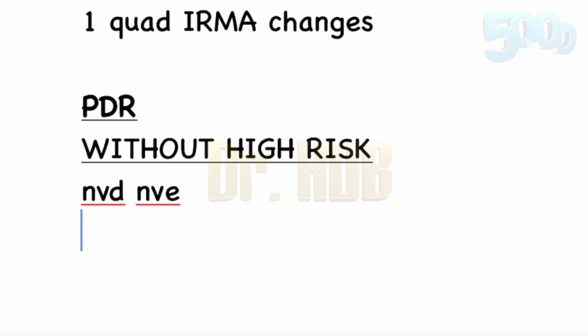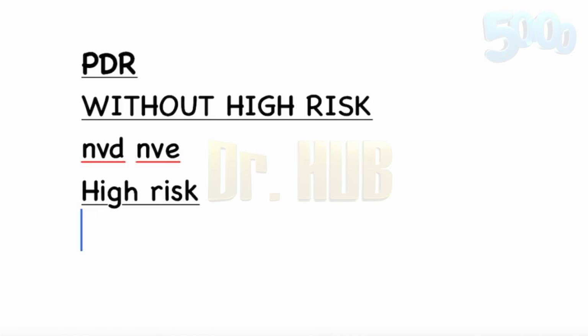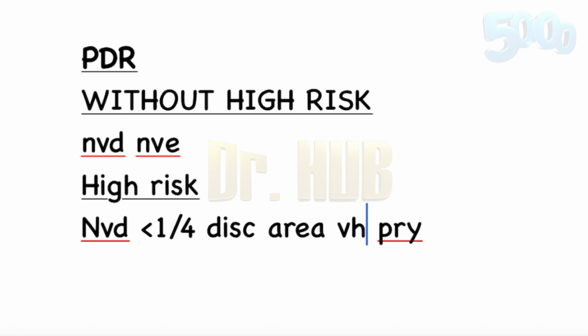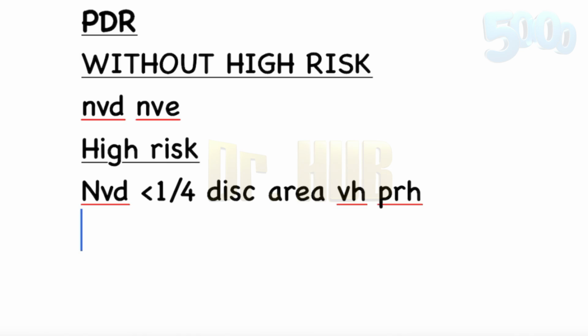Next is the PDR with the high risk characteristics. What does the high risk characteristic include? This will include the NVD. NVD less than 1/4 of the disc area, with the VH, which stands for vitreous hemorrhage, or the PRH, which stands for pre-retinal hemorrhage.